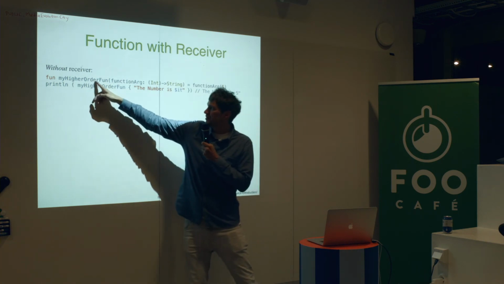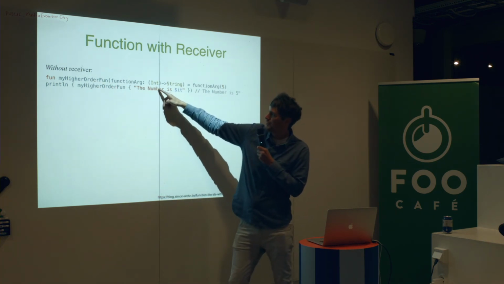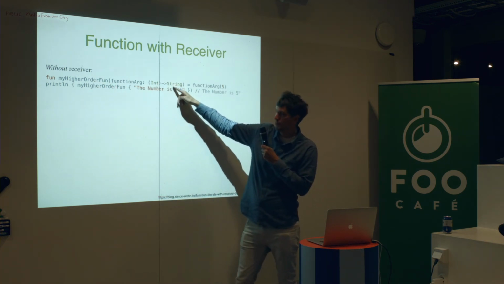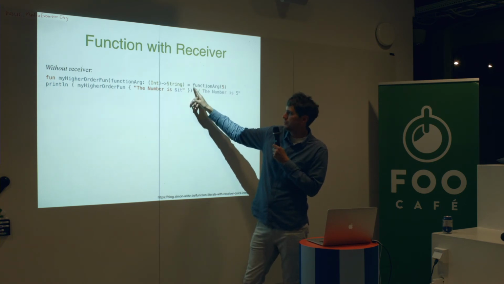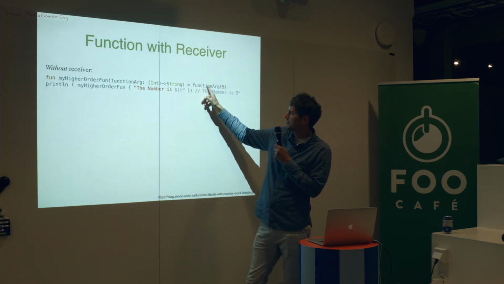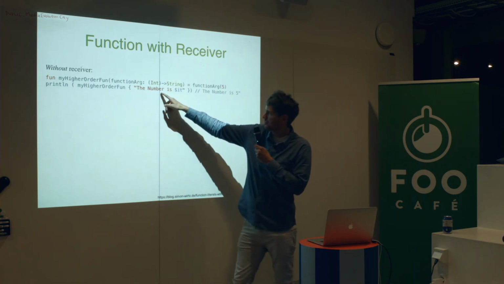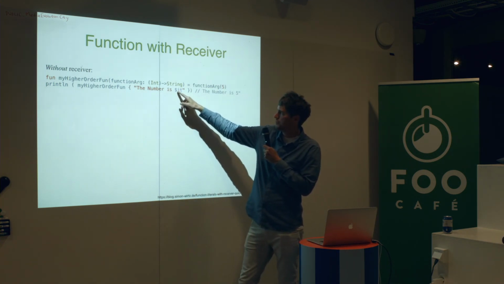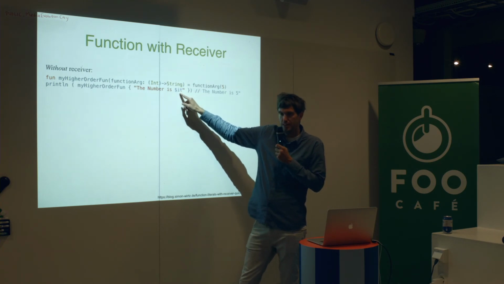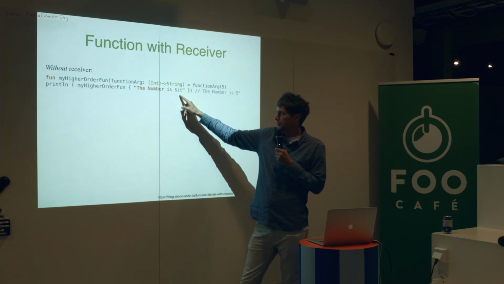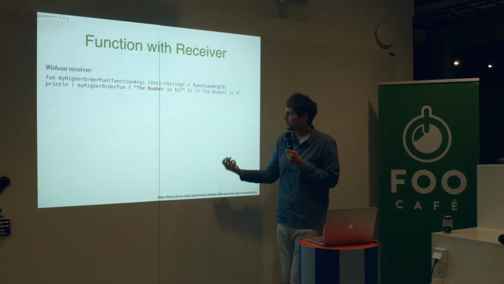You have this my higher-order function that takes a function that takes an integer and returns a string. And essentially, the implementation here just invokes the function with this argument. Then you can just call my higher-order function with a lambda expression, and you can make use of this implicit parameter, the it parameter here, that we've seen before. And this is kind of nice.